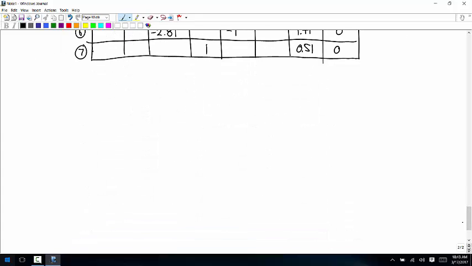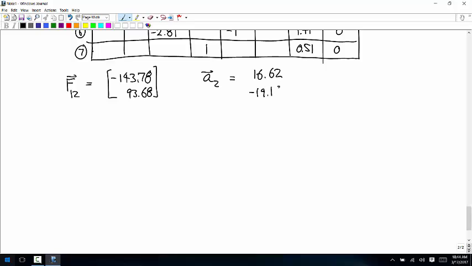And if you calculate all that, use reduced row echelon form, F12, you get negative 143.78, 93.68. A2, you get 16.62, negative 19.18.